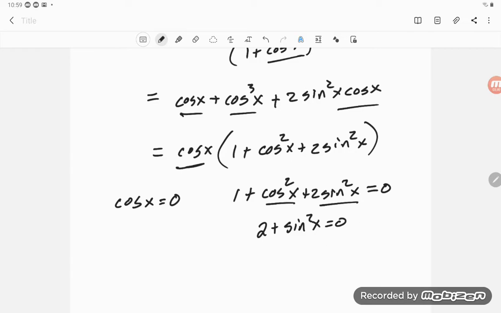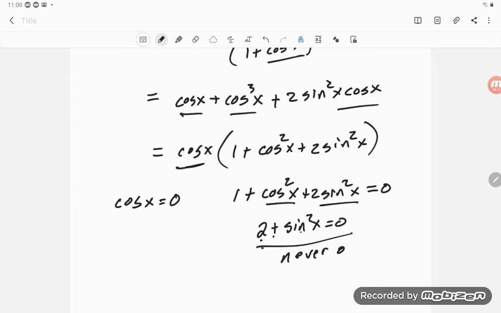There are a couple things that point out to me that this is actually never 0. One is I've got 2 plus a non-negative number. So that's always going to be positive, can't be 0. Another is that if I moved the 2 to the other side, I would have sine squared x equals negative 2.